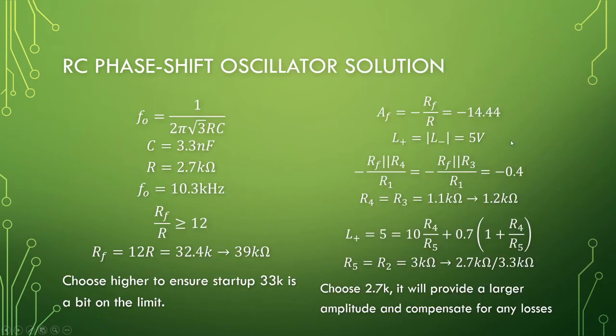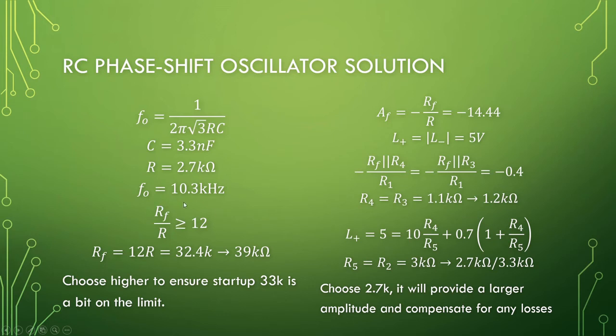Alright, so the design is kind of straightforward. We take our oscillation frequency, 10 kilohertz, plug it in here, take the 3.3 nanofarad capacitors, place them in here, and we will find that we have 2.7 kilohm resistors that we should be using, and that will take our oscillation frequency to 10.3 kilohertz if we put all the selected values in here.